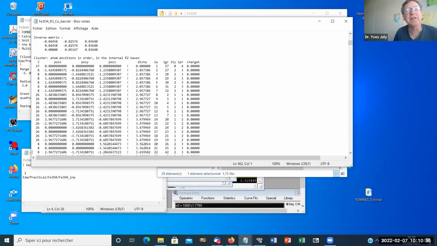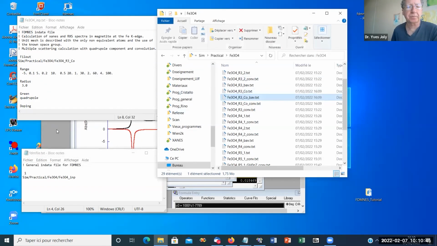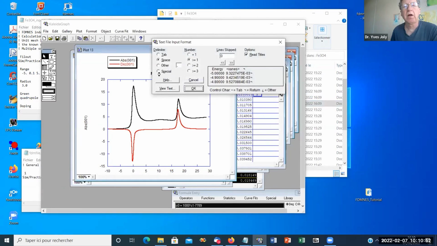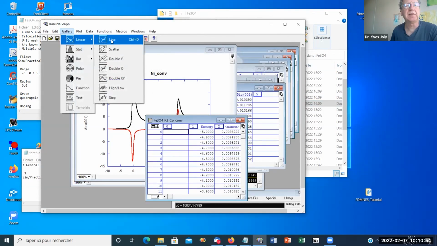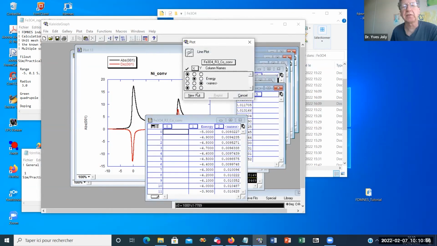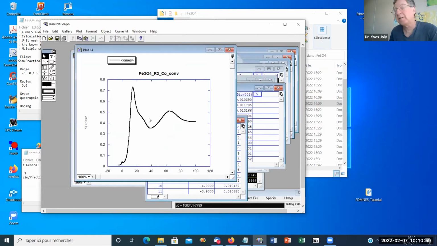So the difference is only that this puts the cobalt atom at the center. It's a small doping amount. And because it's at the octahedral site, of course, it looks like an octahedral site, but it's cobalt. In fact, it's not iron.